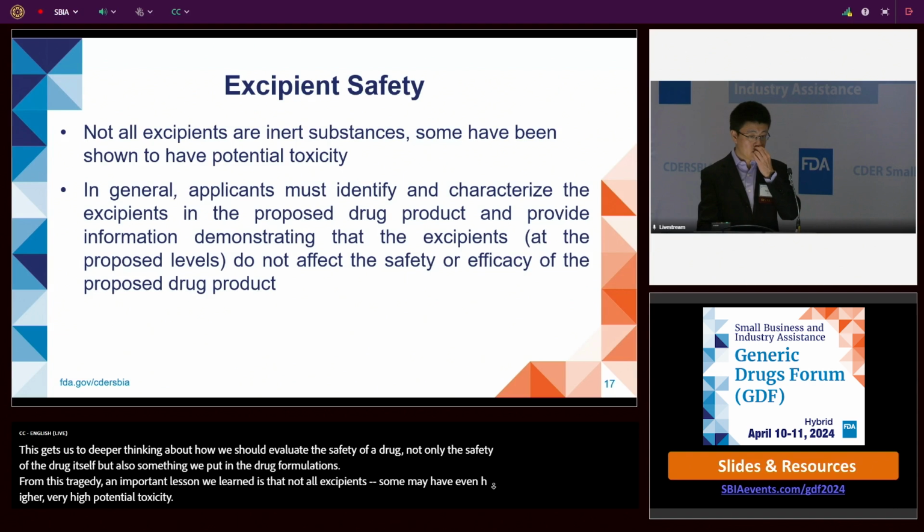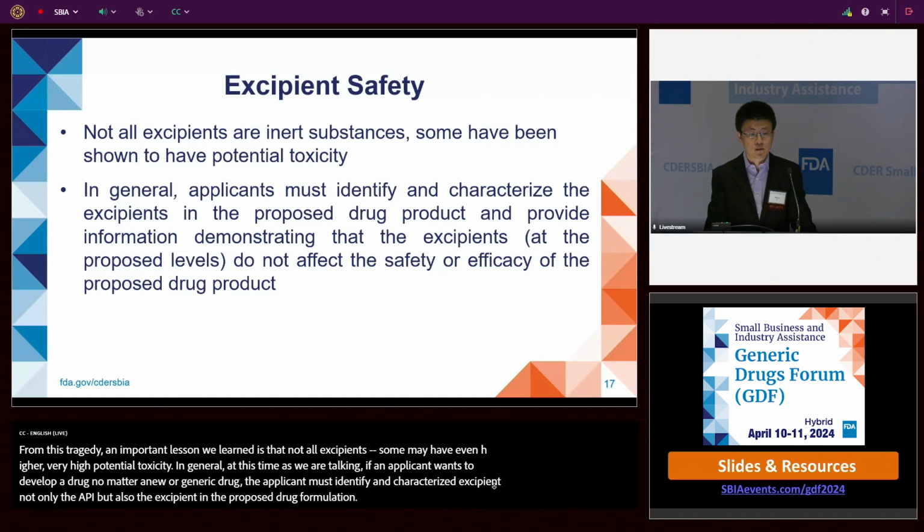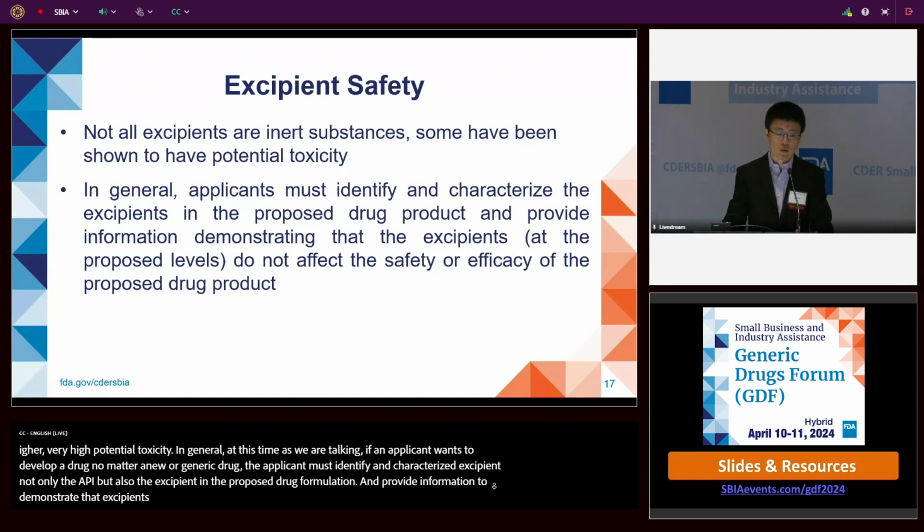At this time, if an applicant wants to develop a drug, whether a new drug or a generic drug, the applicant must identify and characterize the excipients, not only the API, in the proposed drug formulation, and provide information to demonstrate that the excipients do not affect or interfere with efficacy and safety.